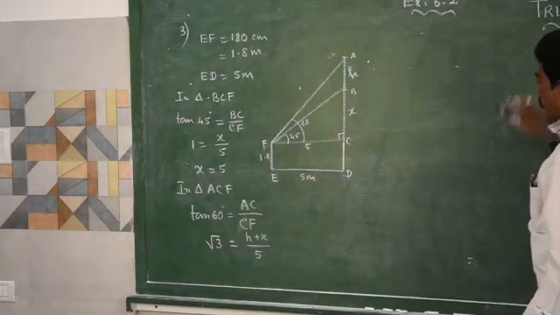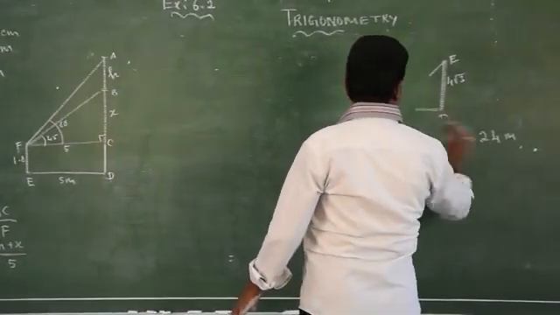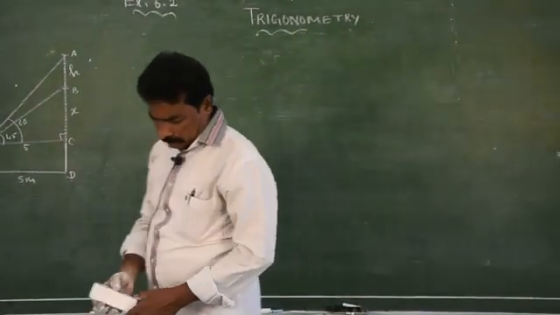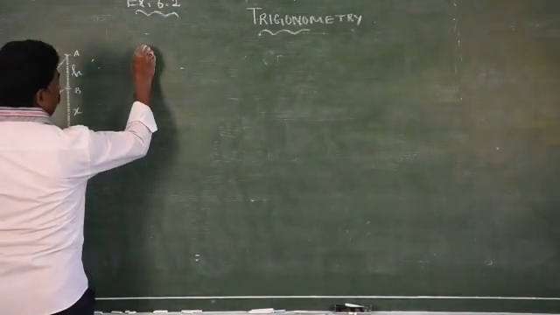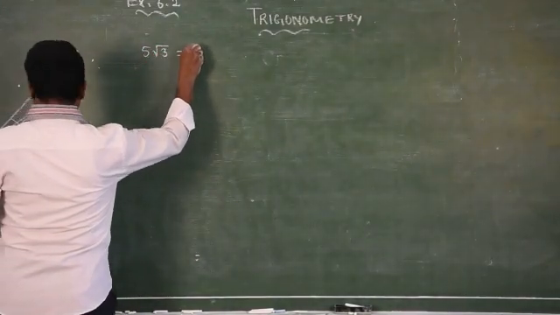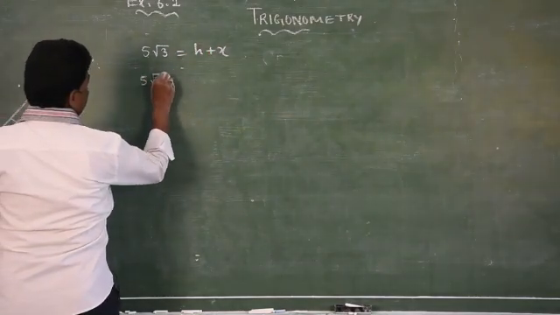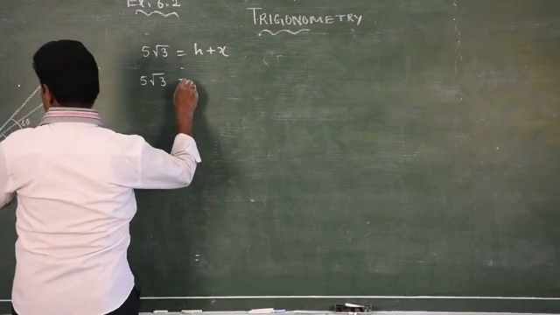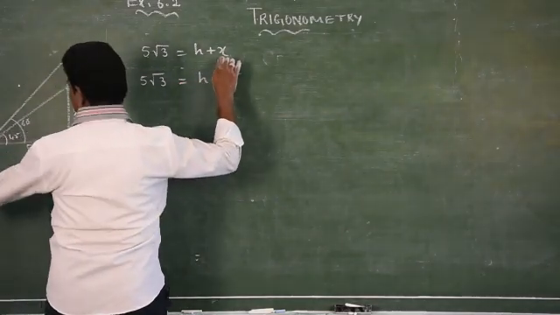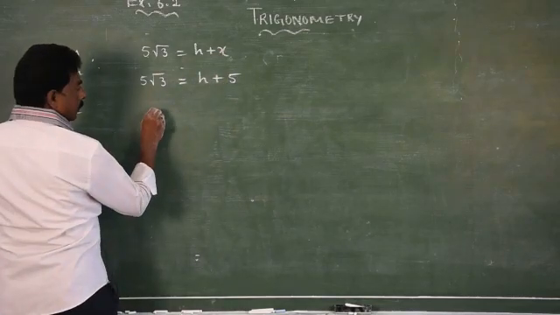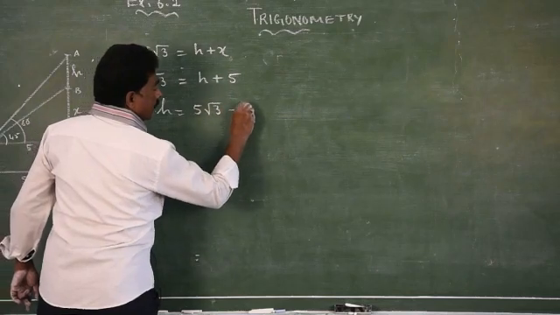So when you cross multiply, 5 root 3 is equal to h plus x. 5 root 3 equals h plus 5, as the x value we found is 5. So therefore h is equal to 5 root 3 minus 5.